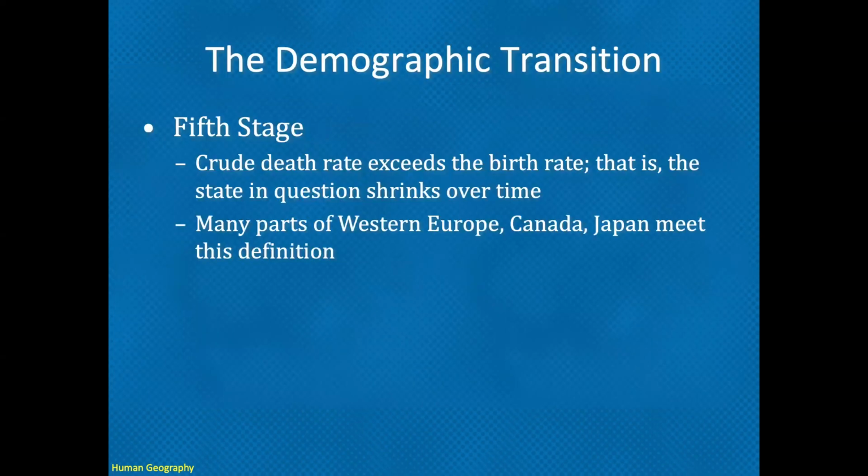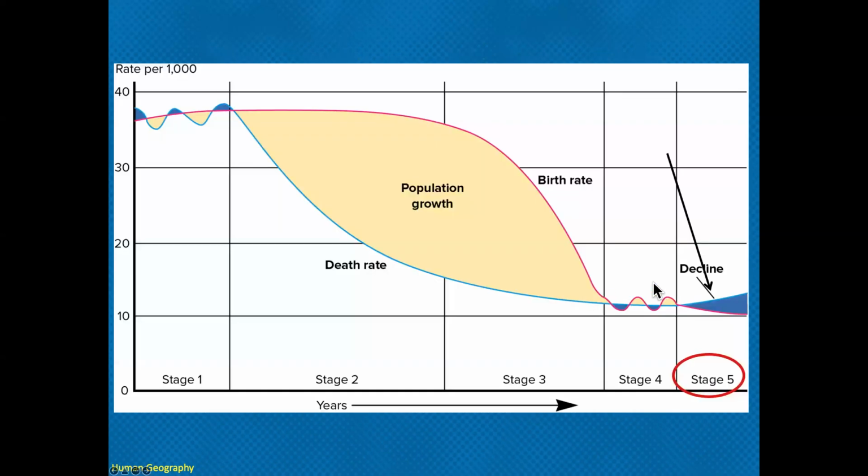And the 5th stage, and there's not a lot of countries in here, is when the death rate is actually higher than the birth rate. So Western Europe, Canada, Japan meet this definition. And there you see the blue line, death rate, is higher than the red line, birth rate. And when this happens, it's a bit of a panic because you have to realize, what do we have to do?